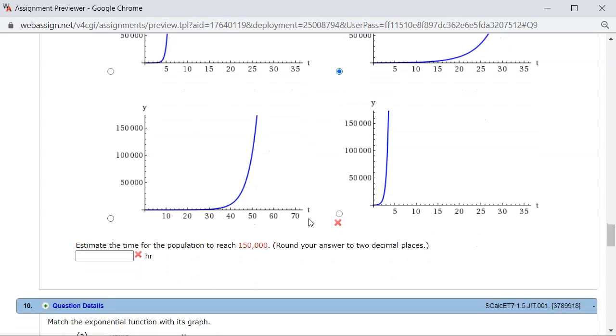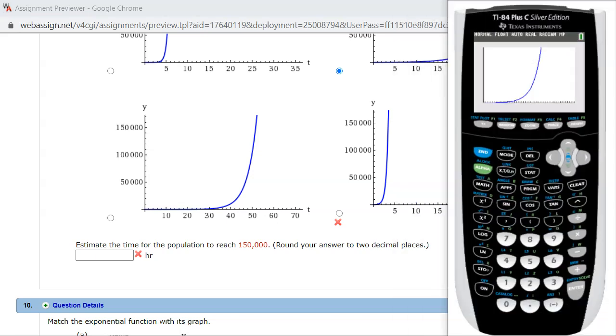And the last question: estimate the time for the population to reach 150,000. Round your answer to 2 decimal places. If you look at the graph, this is the population.